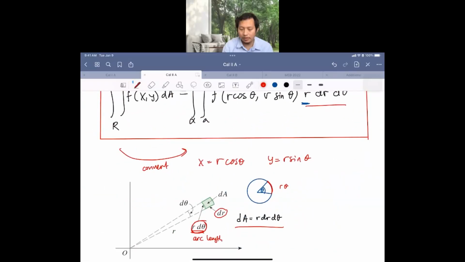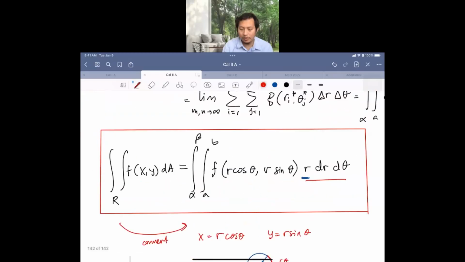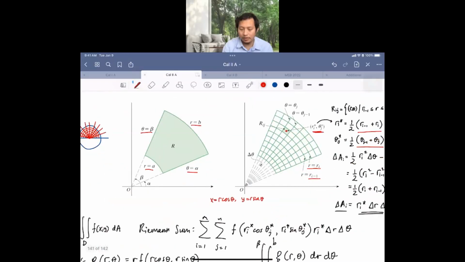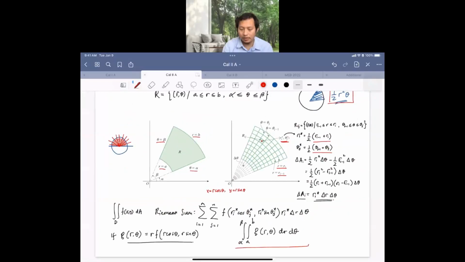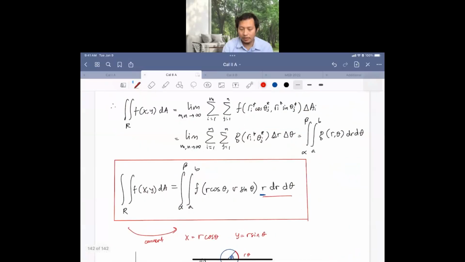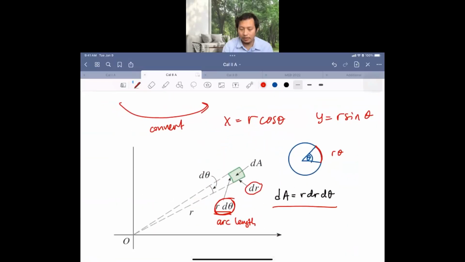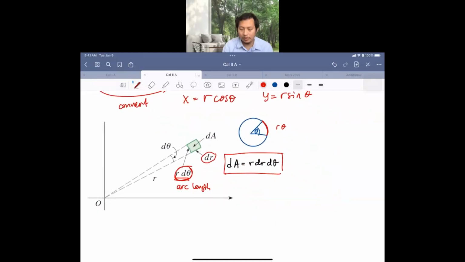So if you feel that the explanations in this section are too much formulation, too many words, you can just take a small part of the polar sector, imagine it, and then try to construct the dA. And it should be written in the order r dr d theta.